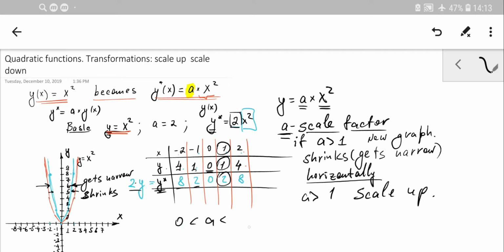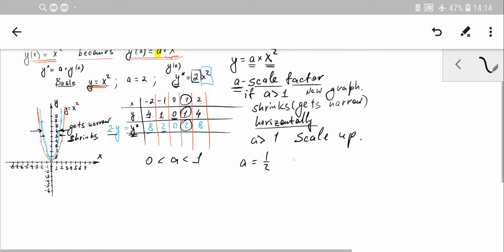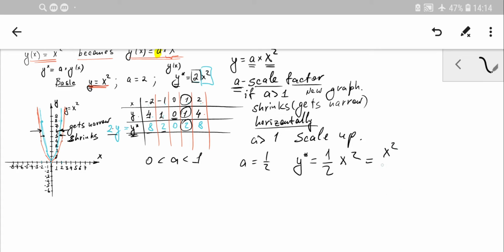Okay, let's just briefly consider what if a is a fractional number. It's still more than 0 but it's less than 1. Let's say a equals 1 over 2. So let's consider a new function y star, which is 1 over 2 of x squared. So what will happen? All the values obviously will be divided by 2. If you apply coefficient 1 over 2, that's the same as saying that you take your x squared values and you simply divide by 2.